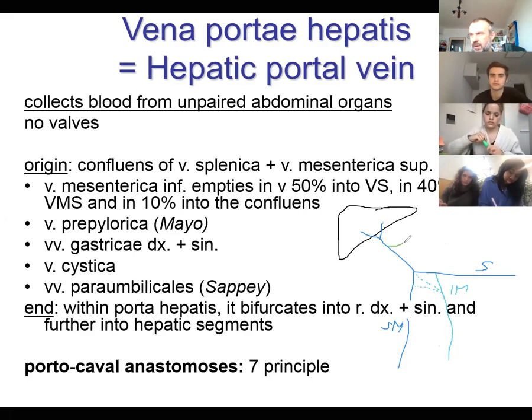Okay, what about other tributaries? So we have the left gastric and right gastric, which form an arch. Yeah, we know the arterial gastric arch along the lesser curvature. And this arch, nicely formed, is called in clinics the coronary ventricular vein.